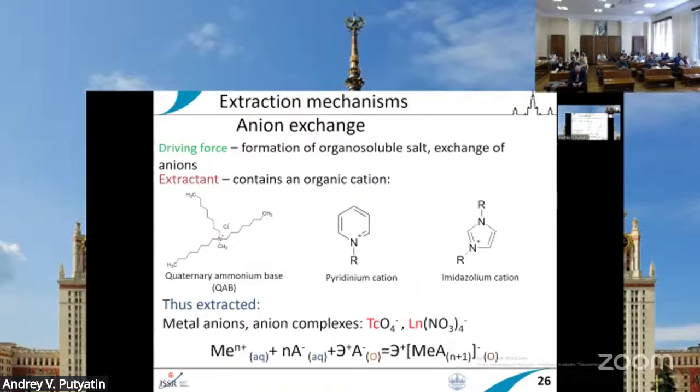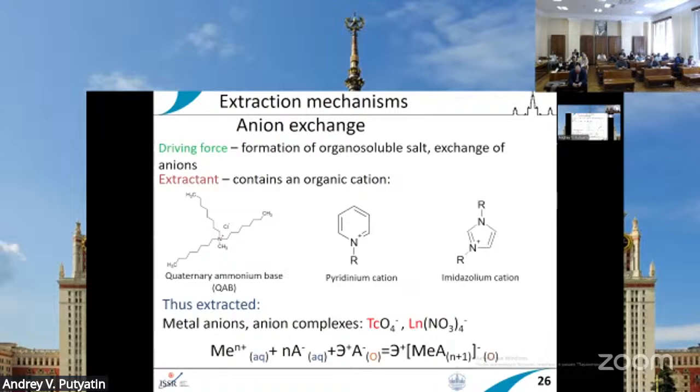In the central part of it we have a nitrogen that has 4 bonds, and that's why it has a +1 charge. And also here you can see an anion, and this anion is exchanged with some anion from the aqueous phase. And there are also two additional types of organic cations, but in laboratory practice and in industrial implementation of such extractants, the quaternary ammonium bases are most used.